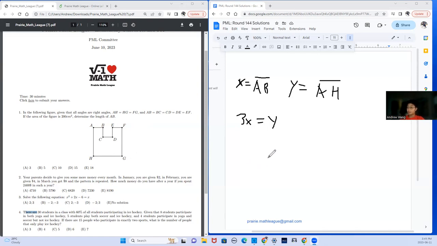Using the area of a square, which is squaring the side length, we get y squared minus x squared equals 200.